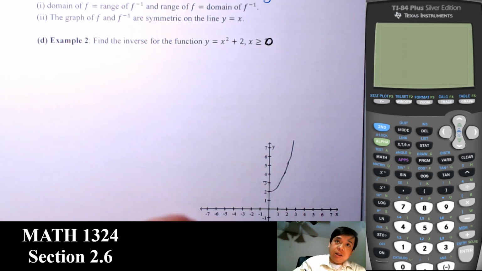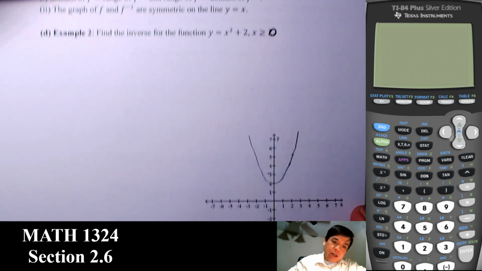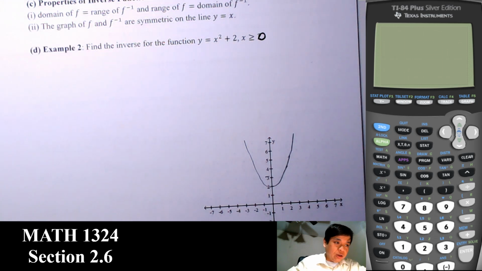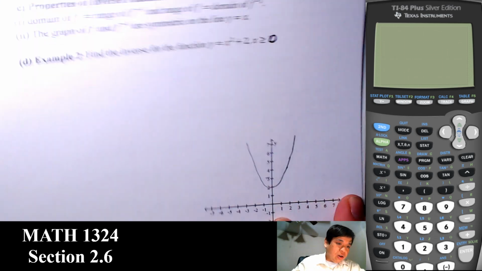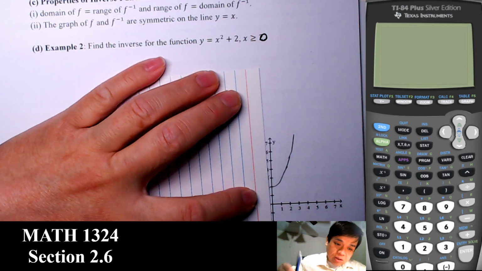I show it like that, and first the other side. But this is only for x greater than or equal to 0, so we only have the right half. So we do have the graph of the function.